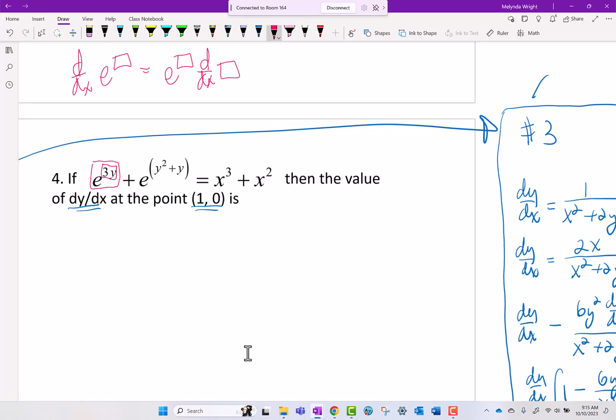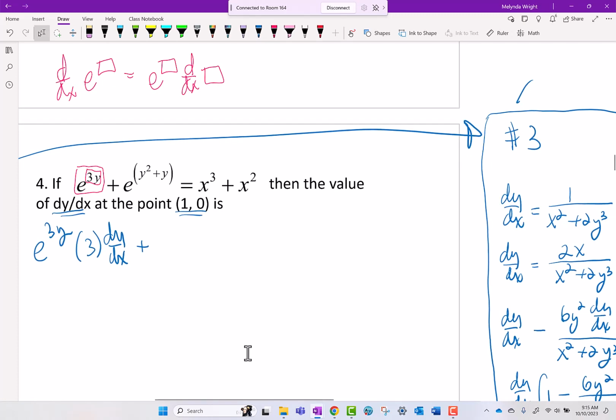So the derivative of e to the 3y is e to the 3y times the derivative of 3y. The derivative of 3y is 3 dy dx, plus. Okay, are we okay with that chain?